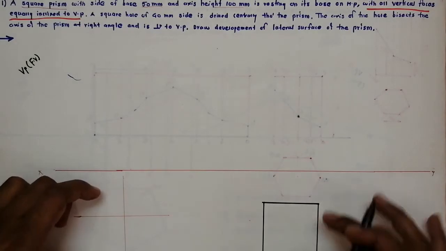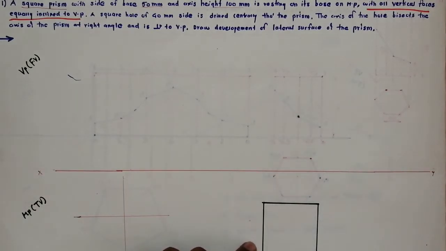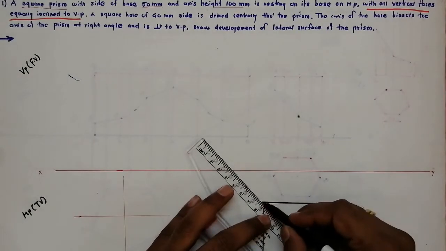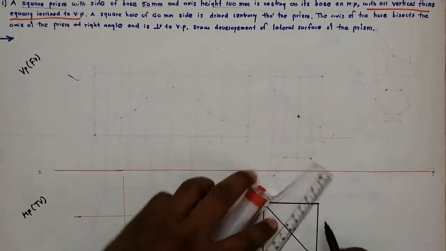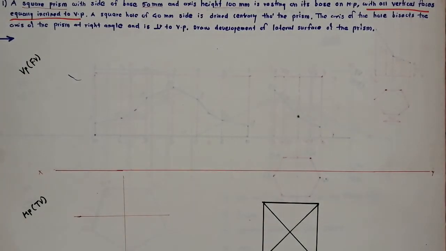Now this is resting on edge. We don't want it resting on edge, we want it resting on the corner. So I am joining here the corners of this square prism like this. Now take the half diagonal distance in the compass.